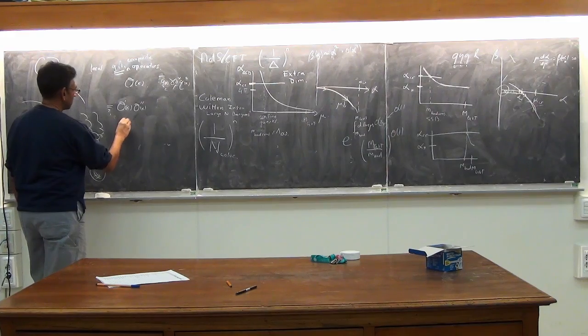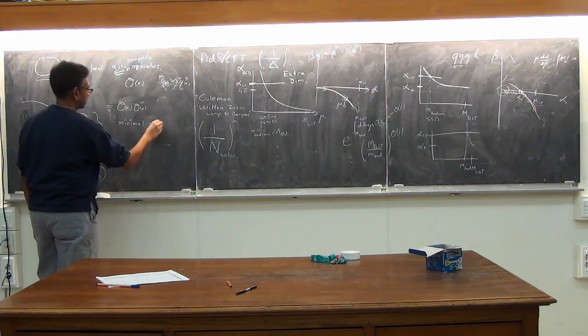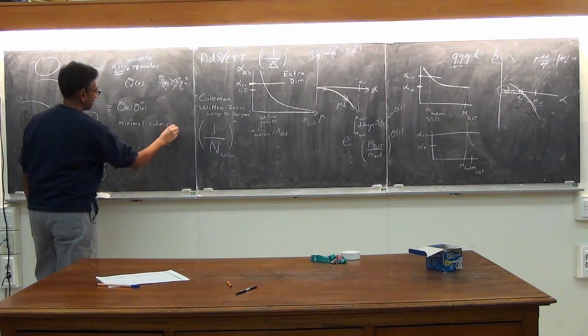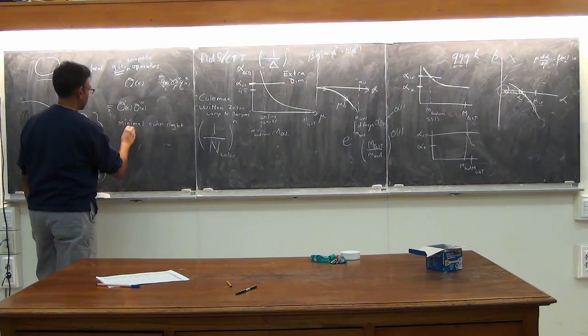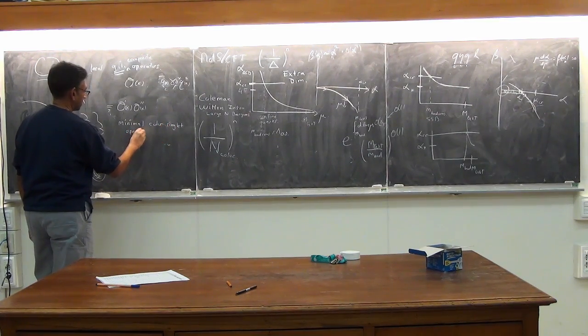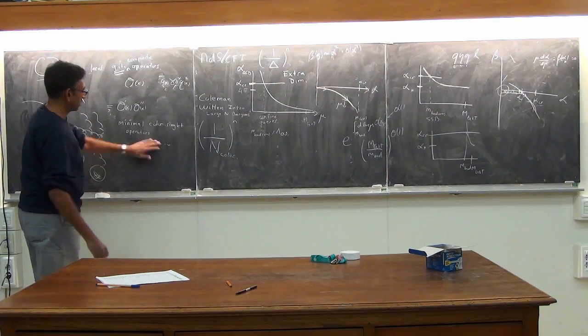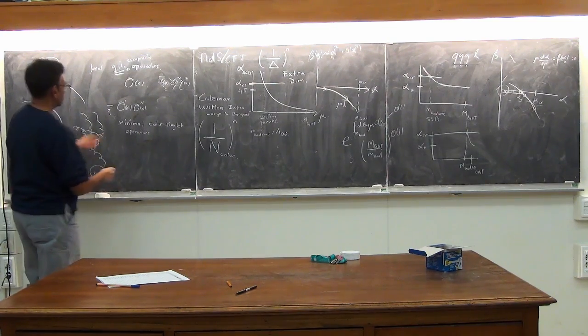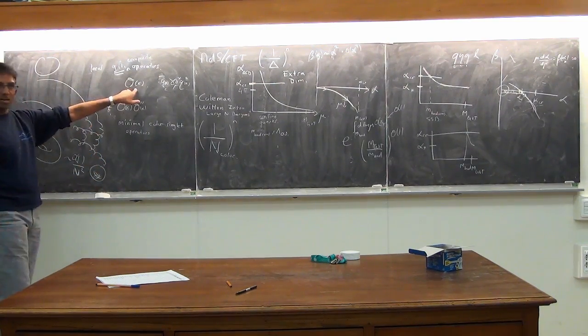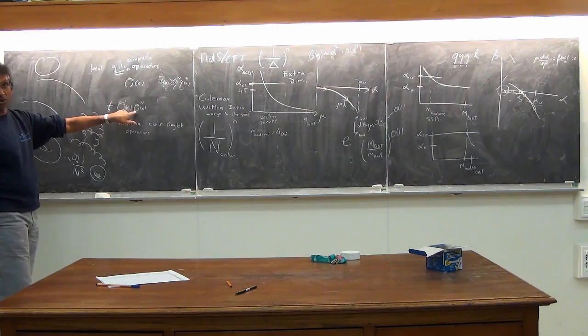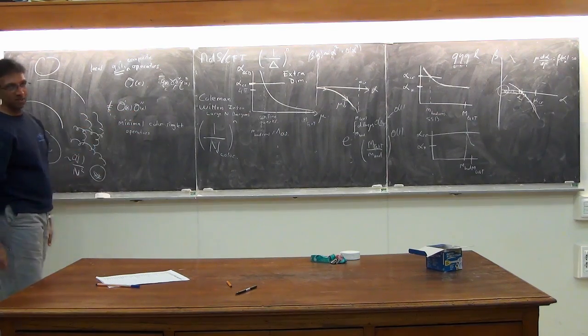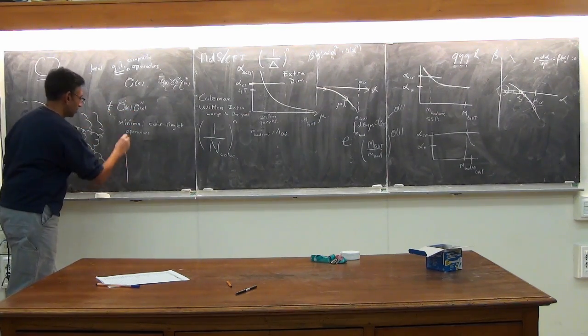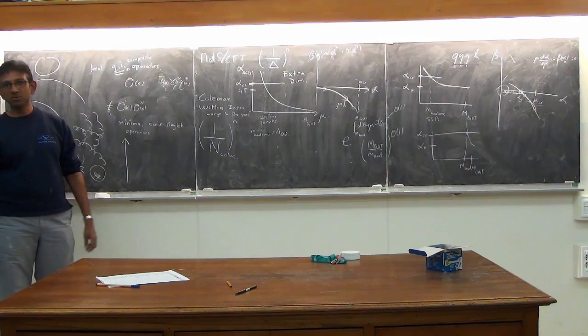So the minimal color singlet operators are the ones that cannot be factorized as two other color singlet operators. So for minimal color singlet operators, you can draw a different type of spectrum than you're used to drawing.